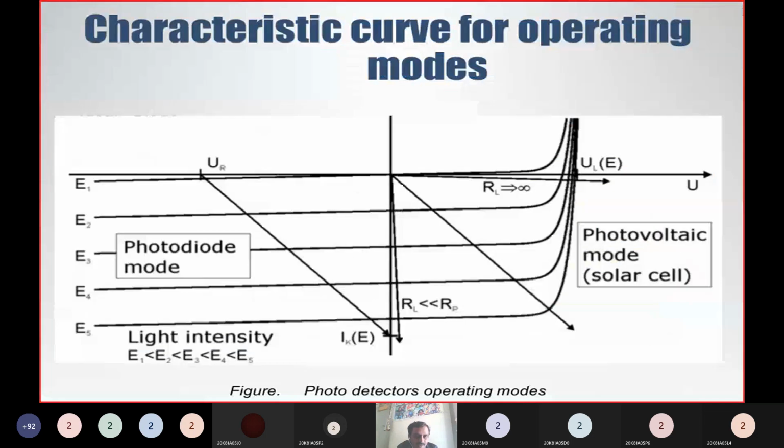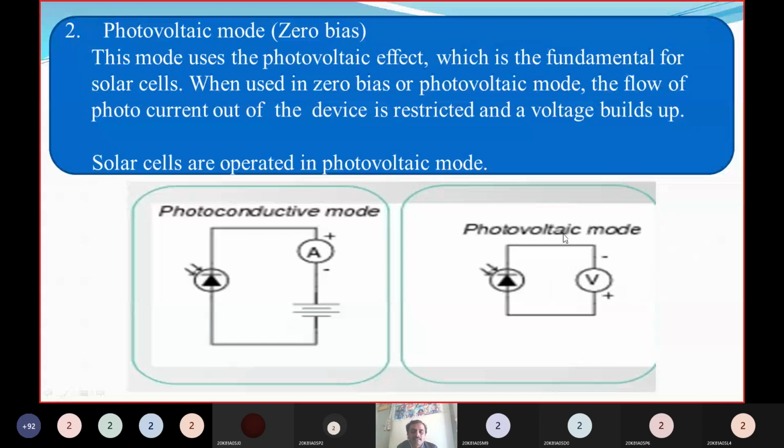That means we will supply an external voltage, so the diode is connected in reverse bias, and an ammeter is placed to measure the current passing through it.